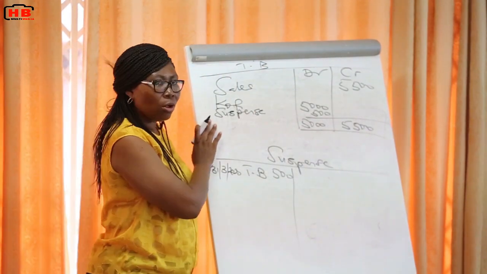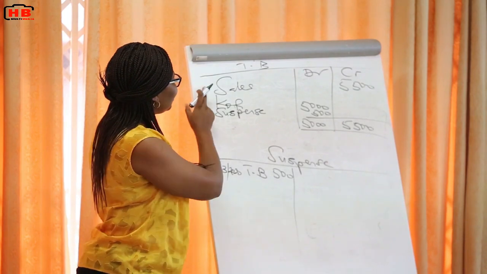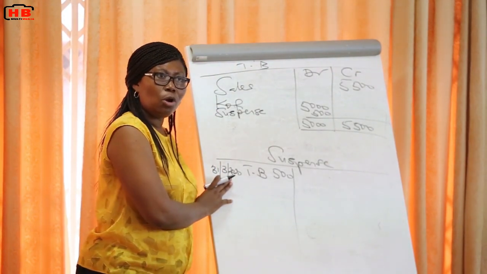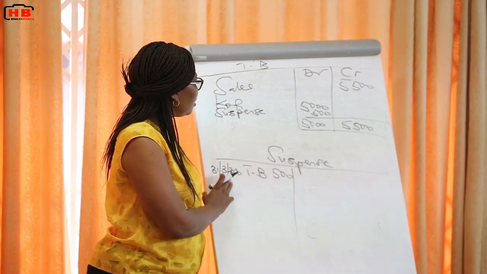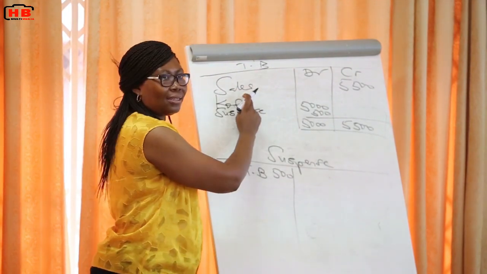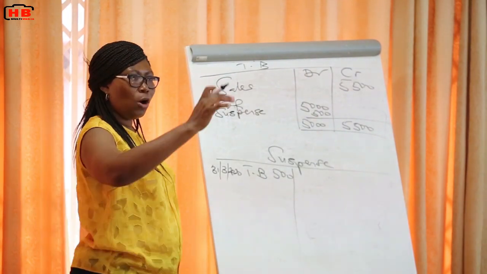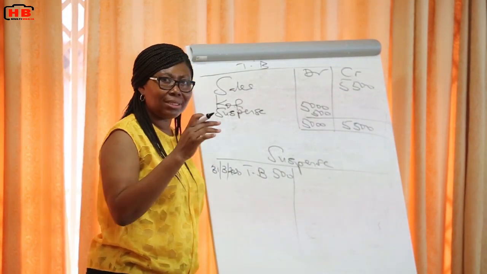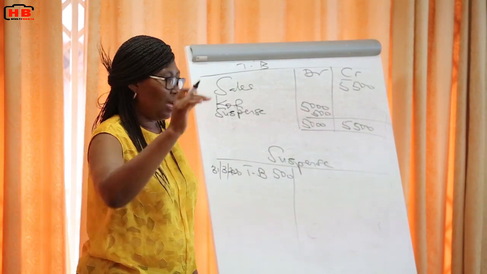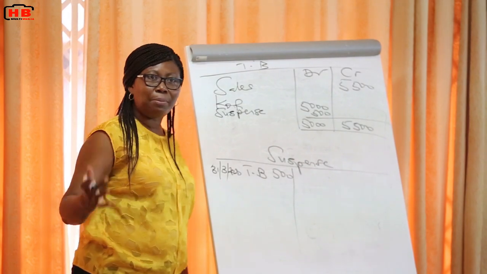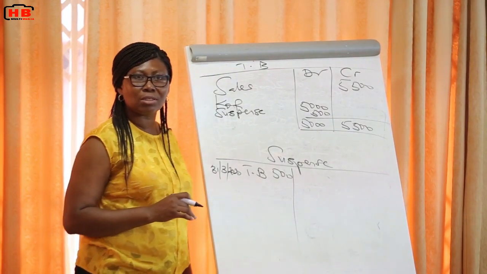Now let us recall that it was a sale to Kofi. The year has ended. We only realized that we have overstated our sales by what? 500. If we're opening the T account, we know sales has a credit balance. And like Chief Armando said, we would have to debit sales to reduce what?